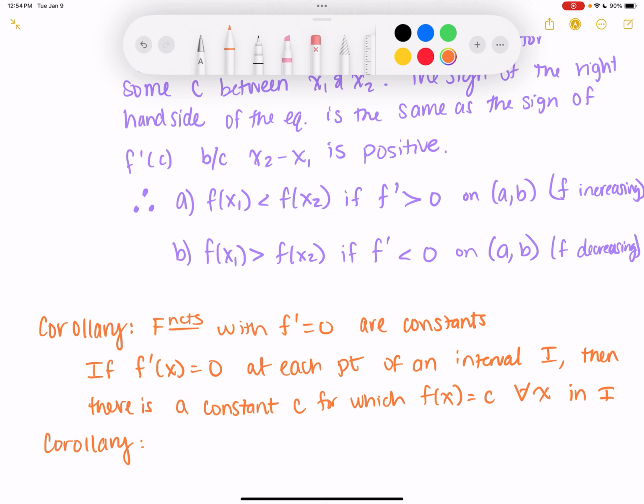All right, the next corollary is for functions with the same derivative differ by a constant.